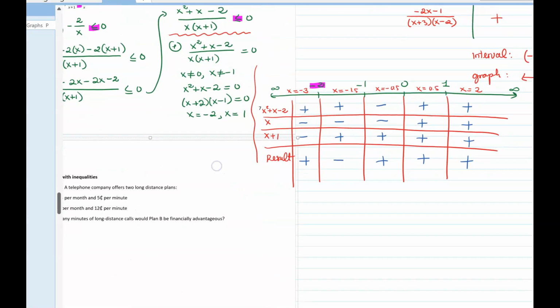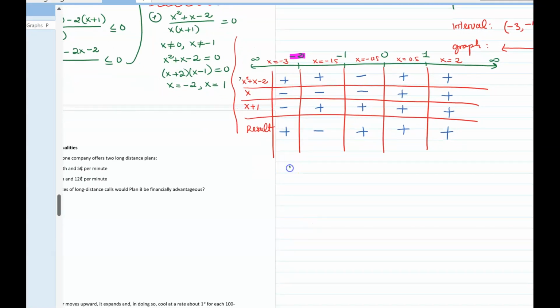So then, the interval notation would be from negative 2 to negative 1, including one end and not the other. And the graph of the solution set is from negative 2 to negative 1. Again, closed dot here and open dot here.